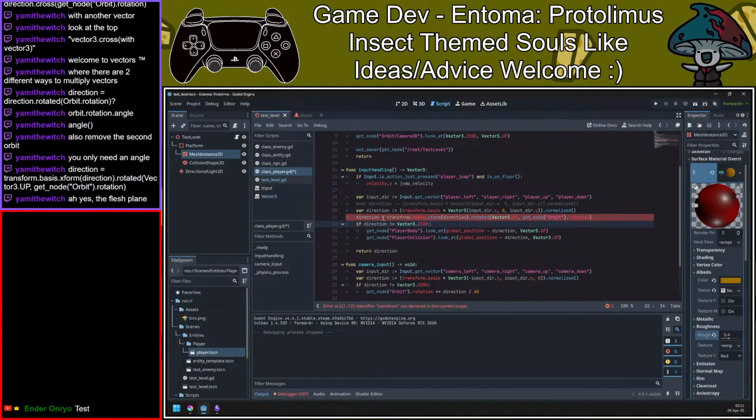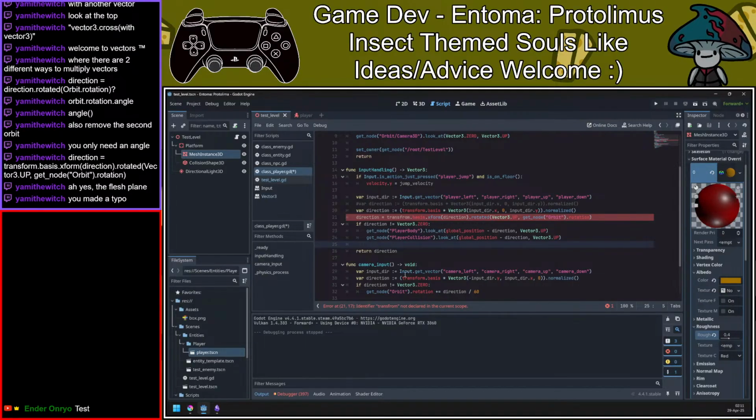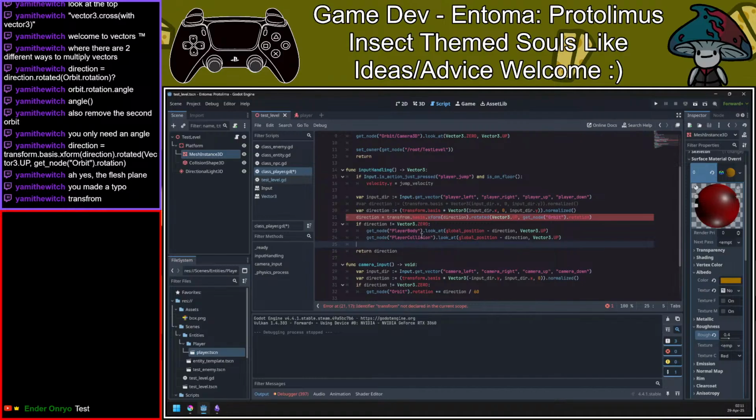Transform. Not declared. Oh. Cannot find member Xform.